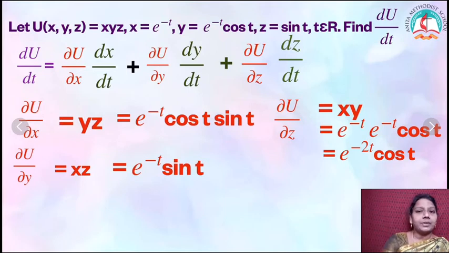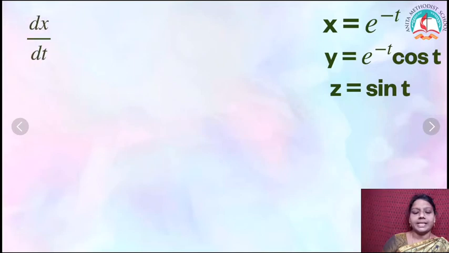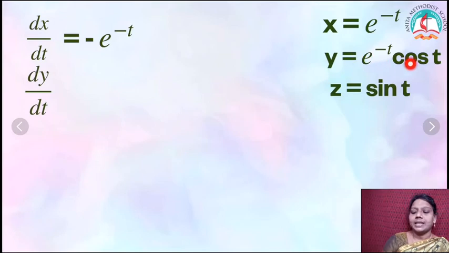Next step, what we have to do? We have to find out dx by dt, dy by dt and dz by dt. So now we are going to find out those things. For that we need these things, so I am just taking it here. All these x, y, z values are given. Dx by dt. What is the differentiation of e power minus t? Minus e to the power minus t. Then what is dy by dt?